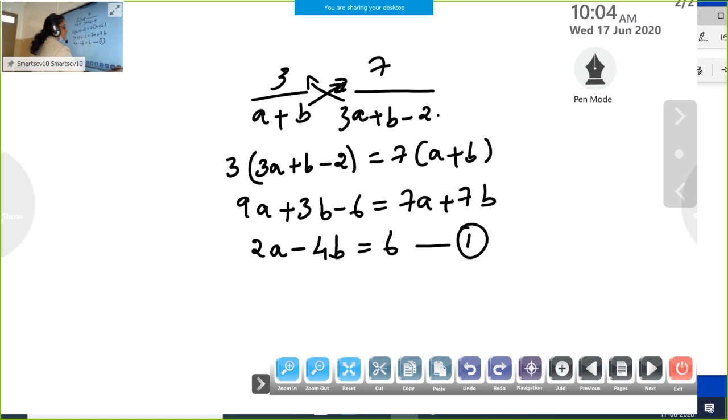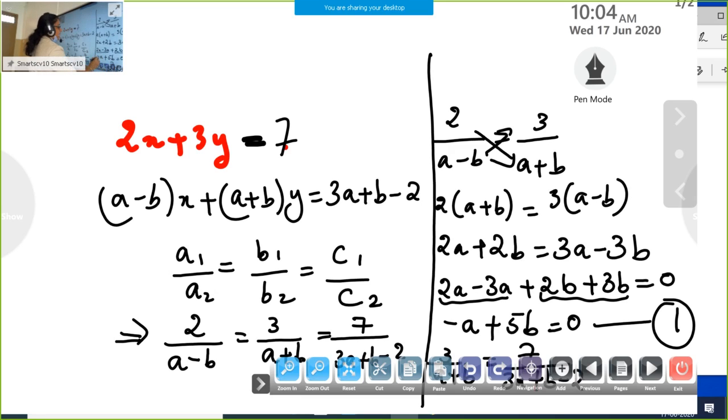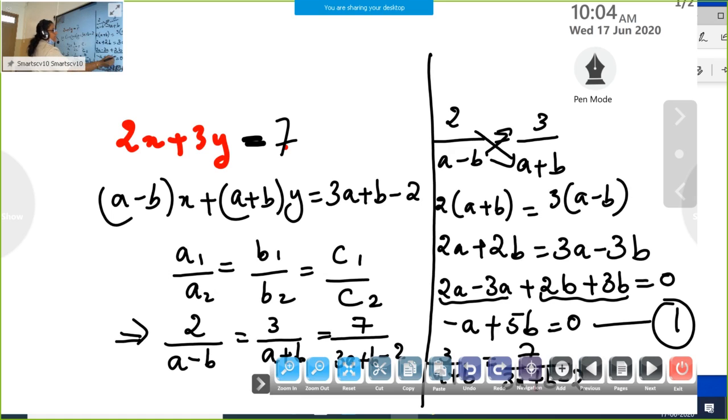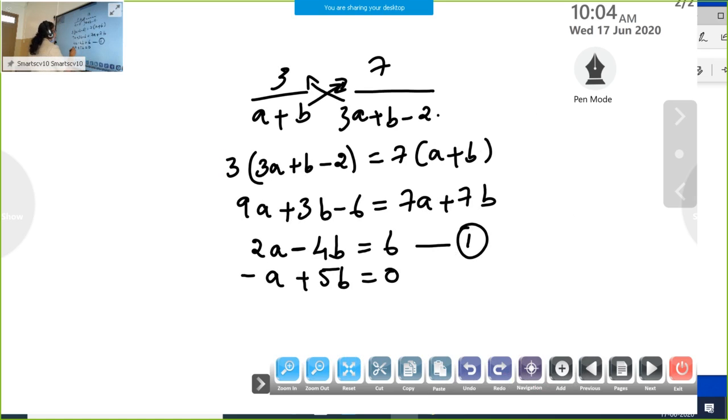The first equation is minus a plus 5b is equal to 0, and the second equation is 2a minus 4b is equal to 6.